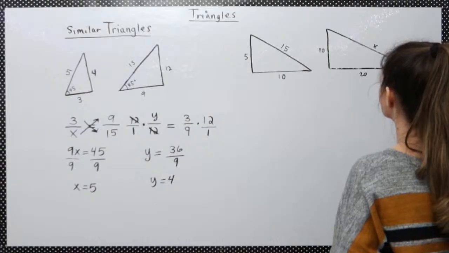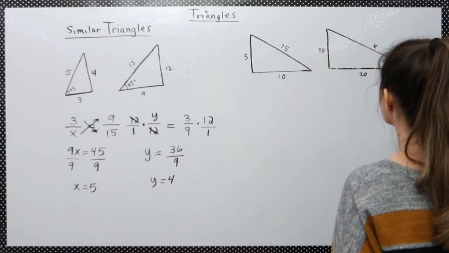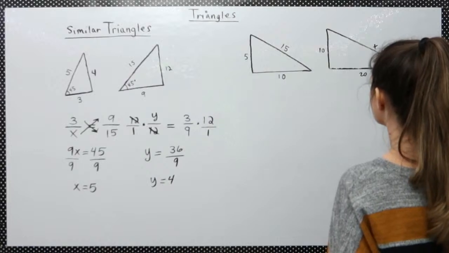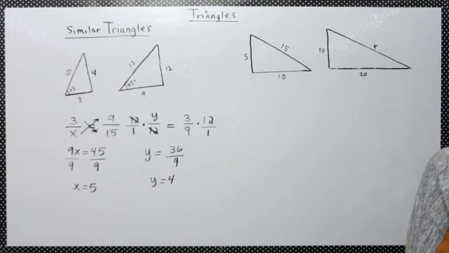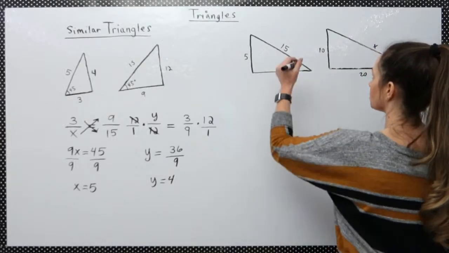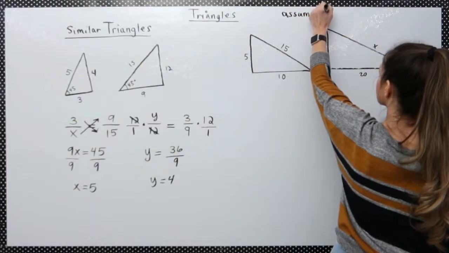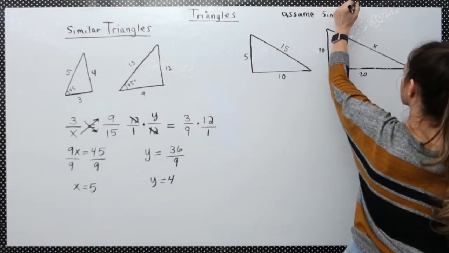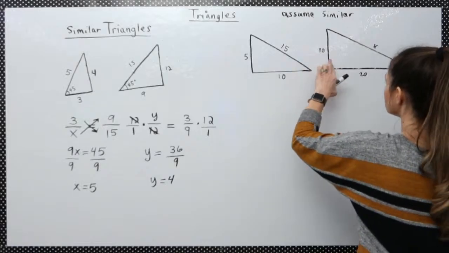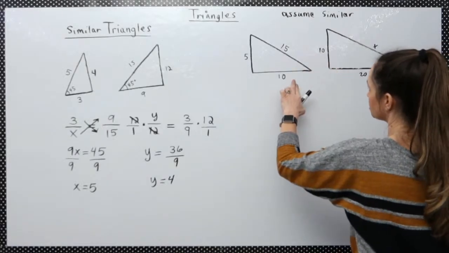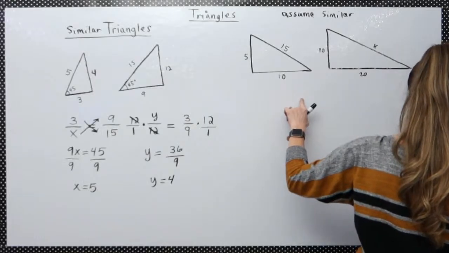Oh, wait. Hang on a second. I'm going to assume they're similar. Because they have two side lengths with this relationship. So yes, no known angles.